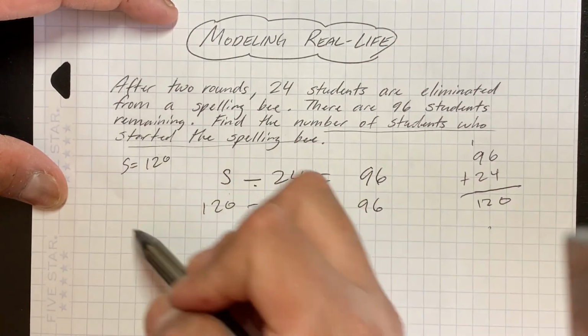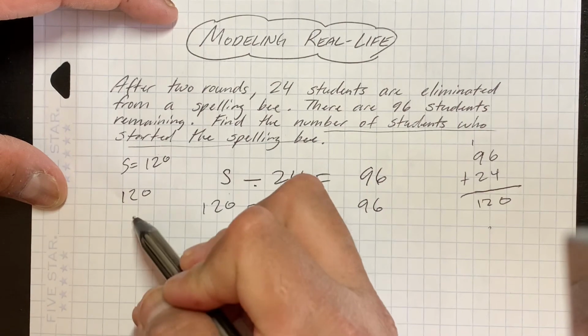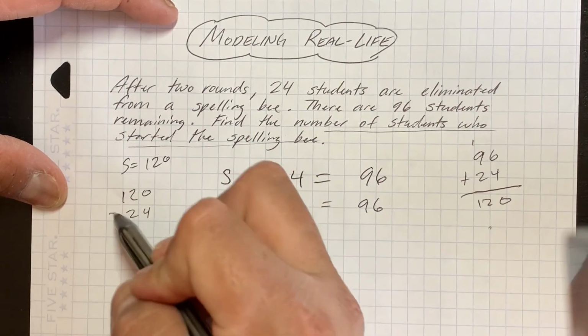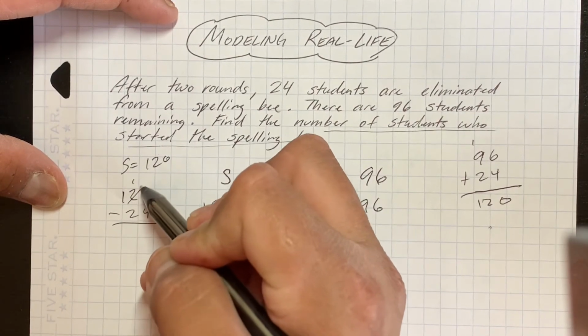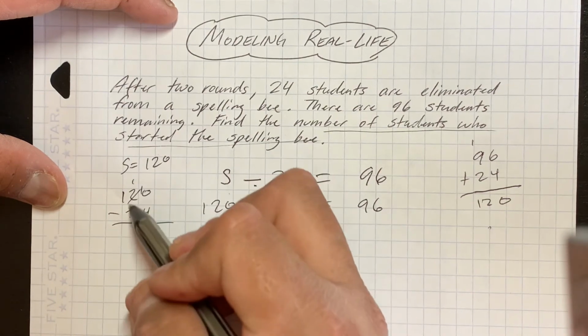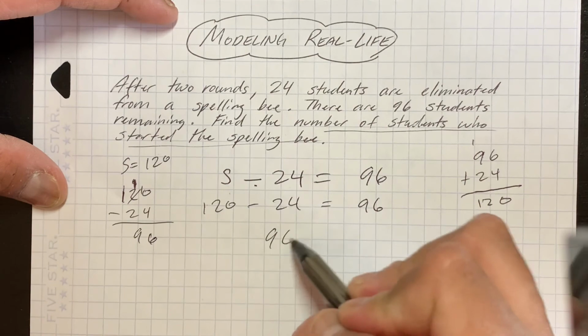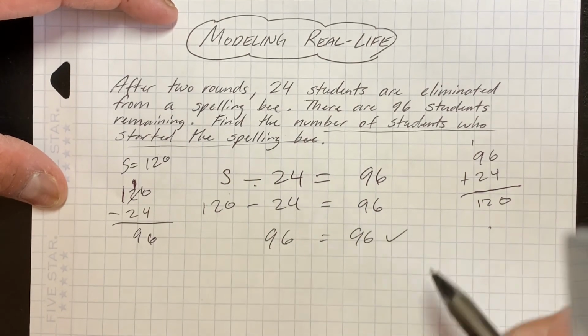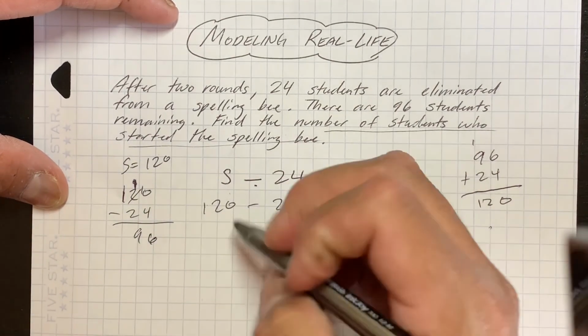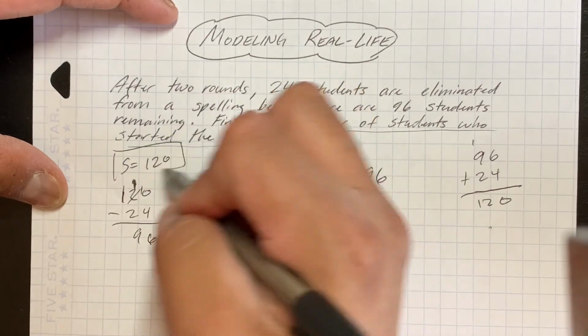If you want, I can stack them. Borrow, this is a 1, 6, and then of course, think of it as 11, take away 2 is 9. So this is 96, and 96 is equivalent to 96, so it checks. So yes, s does equal 120.